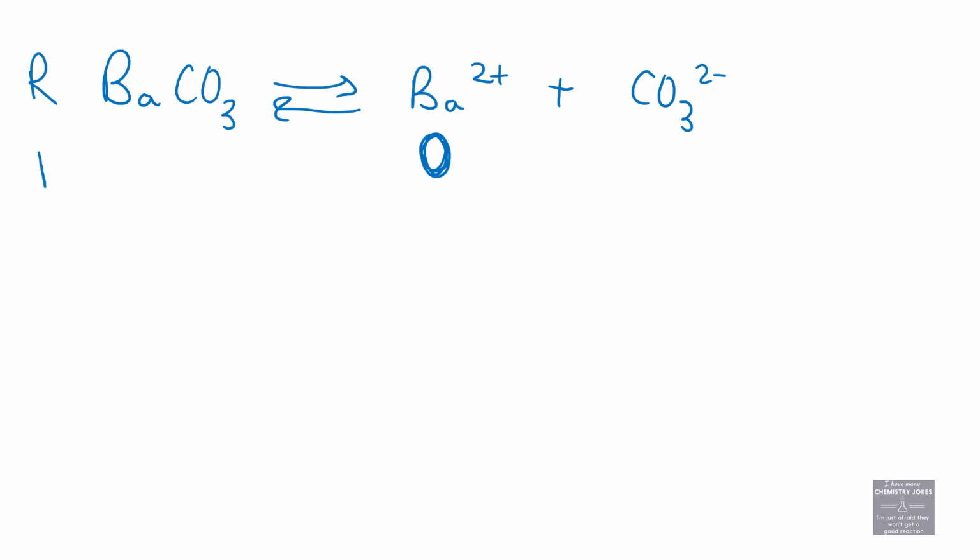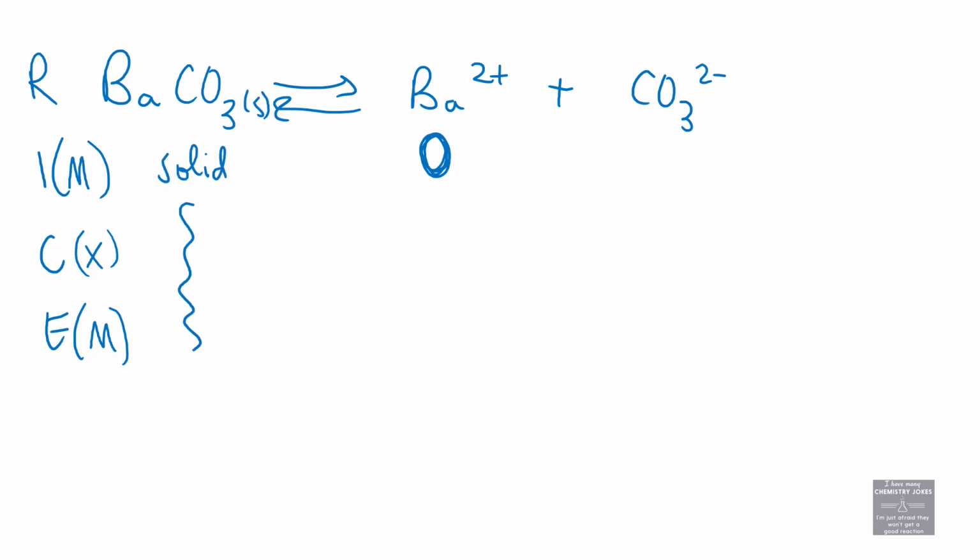And I'm going to make a RICE table, an equilibrium table this time, to determine how much of everything is present. Okay. So RICE tables have molar numbers in them. Limiting reactant tables have mole numbers in them. Barium carbonate is a solid.